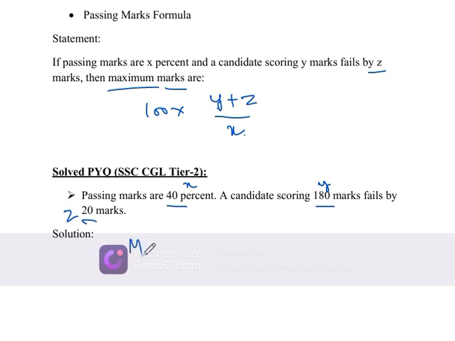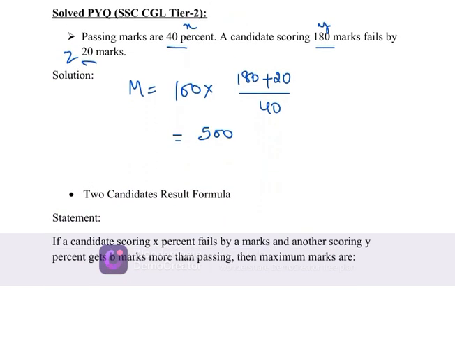Maximum marks will be given by the formula 100 multiplied by Y plus Z, which is 180 plus 20, divided by 40. On solving this, you will get the value as 500. That means maximum marks of this exam is 500. So these are ready to use formulas. You can simply write it in a notepad for revision.